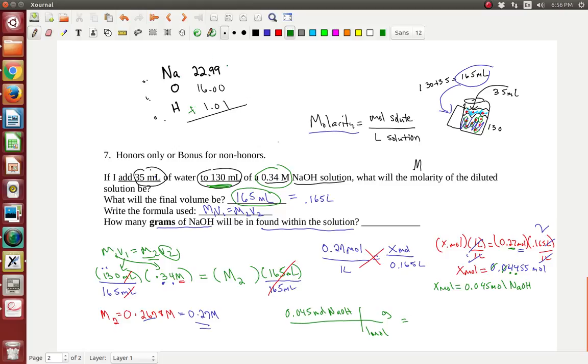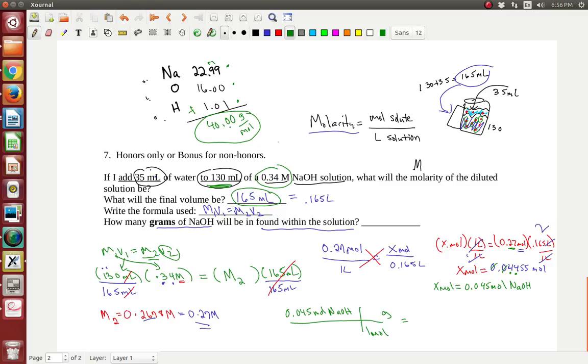We have 22.99, 16.00, and 1.01. Remember, I want you to use 2 decimal places when you do this. Now we need to add it all up and get the molar mass. When you do the adding, it's 40.00, but again, what's the unit? Grams per mole. And you need to have all of that to have a complete answer.